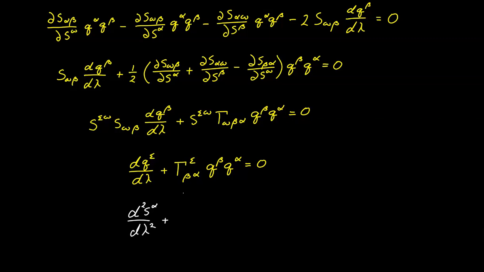And then we're renaming sigma to alpha, alpha to omega. So this is gamma, alpha, beta, omega. Q beta is just the derivative of S beta with respect to lambda. And Q alpha here, which we're renaming, will be d S omega with respect to d lambda, all set equal to 0.